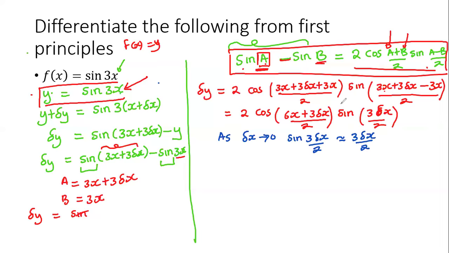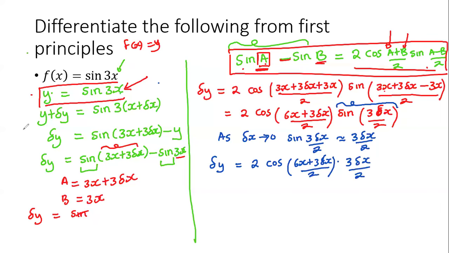So at that point, wherever you have the sine of this, you put this. That means we shall have delta y equal to 2 cos of 6x plus 3 delta x out of 2, then times, here it is a multiplication, 3 delta x out of 2.